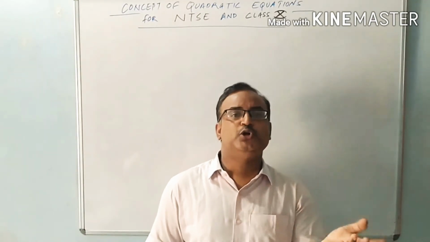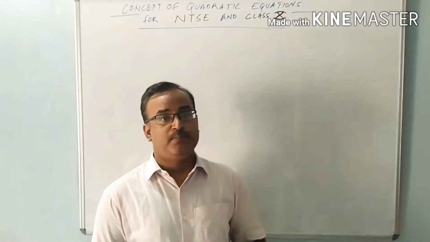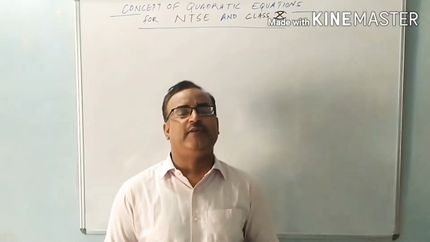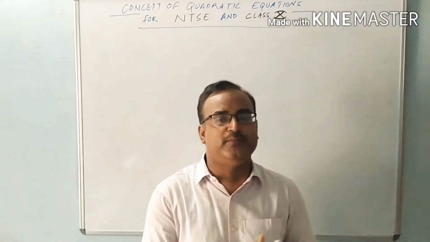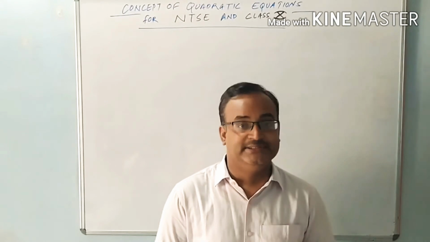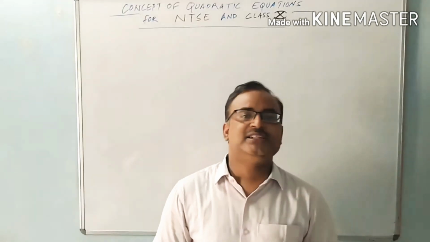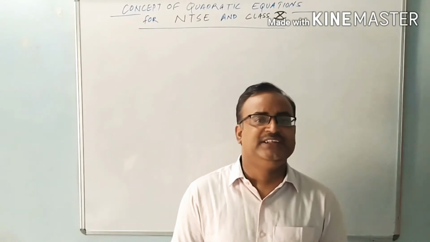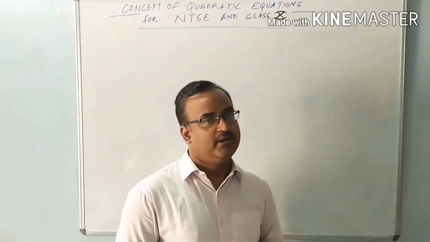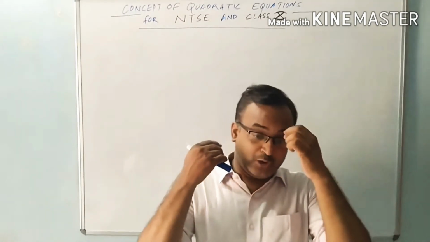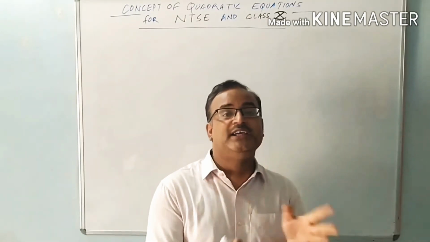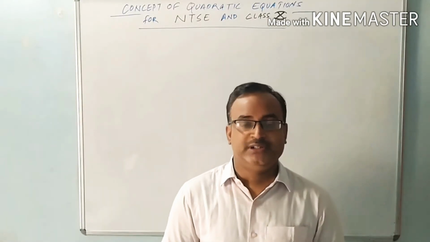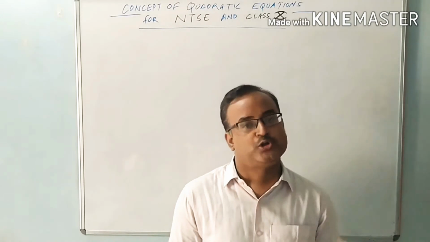The number of zeros depends on the highest power of x. I think you know the highest power of the variable is called the degree. So the degree tells us the number of zeros. If suppose the degree is 3, the number of zeros is also 3. Clear? So in a quadratic equation, the highest power of the variable is 2. That means the number of zeros is also 2.